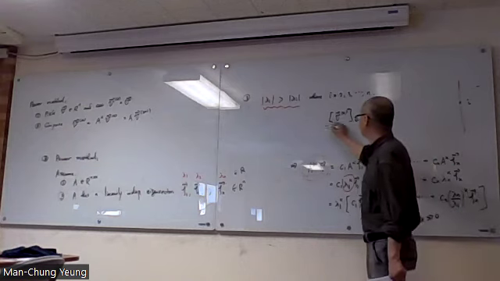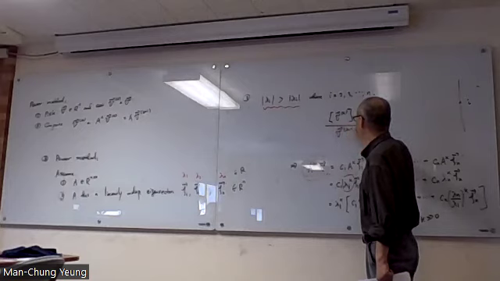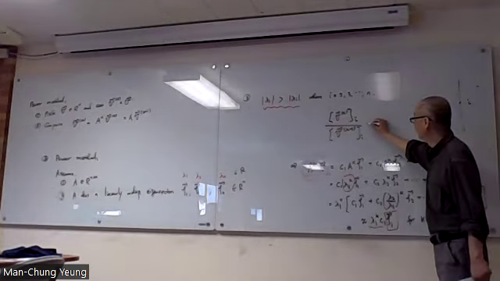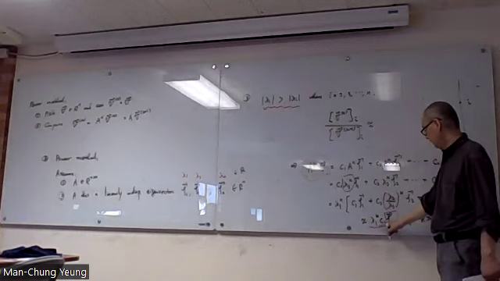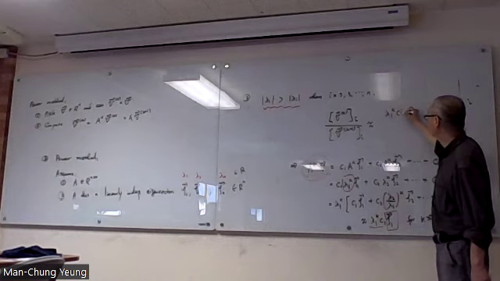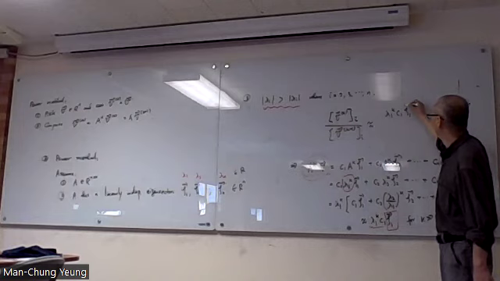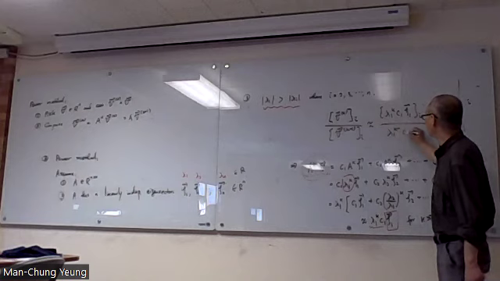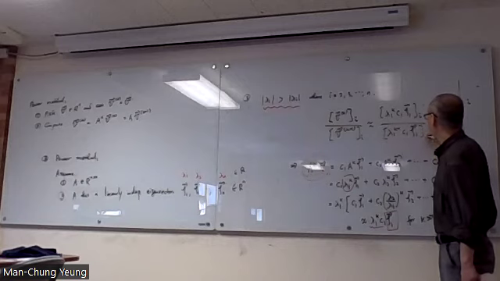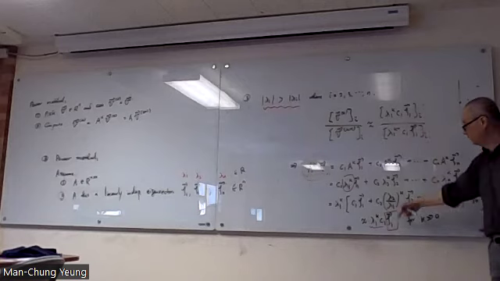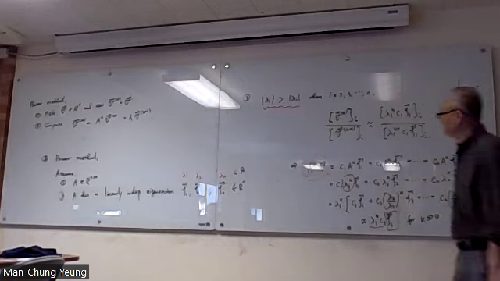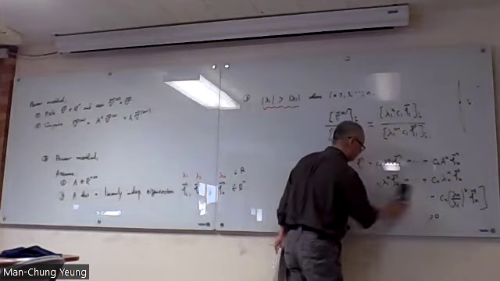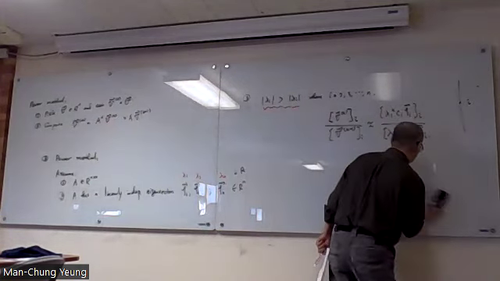Take a look at this ratio, Vk over V(k-1). Roughly, not exactly, Vk is lambda 1^k c1 psi 1, and V(k-1) is lambda 1^(k-1) c1 psi 1.